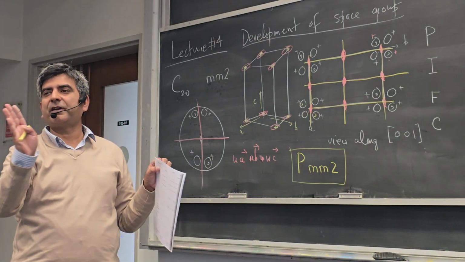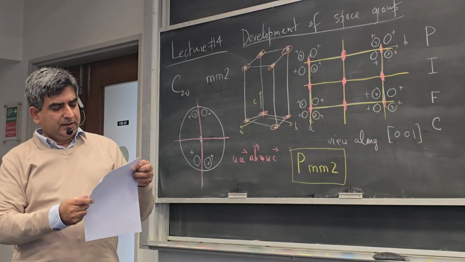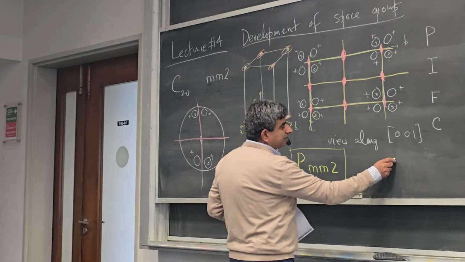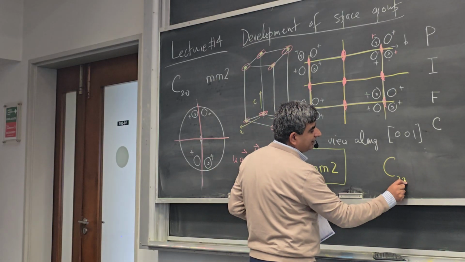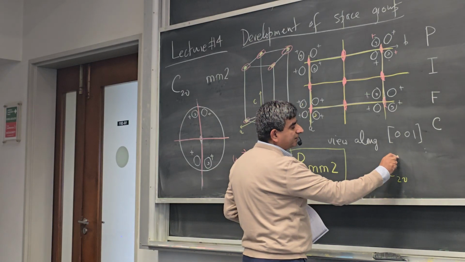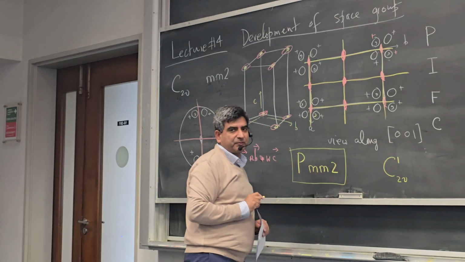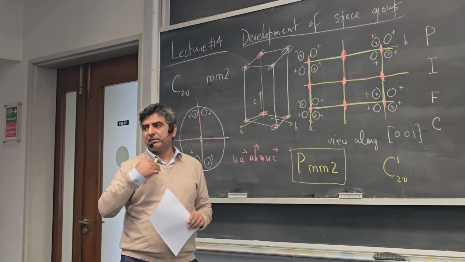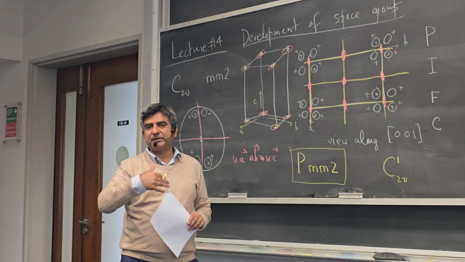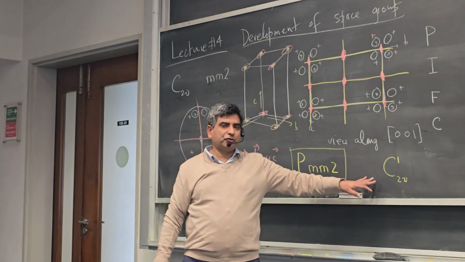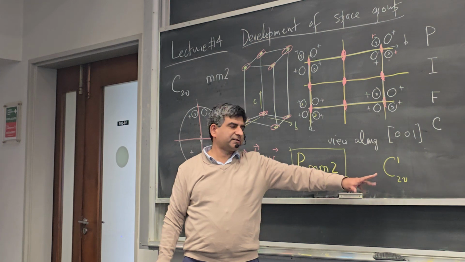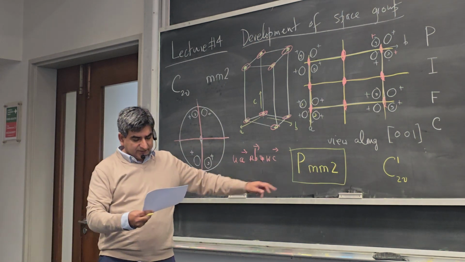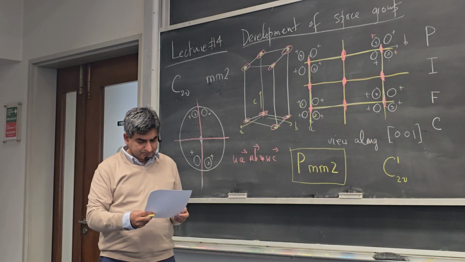This is number 25. Its old symbol is C2v superscript 1. There could be C2v superscript 2 as well, C2v superscript 3 as well. This is an old notation and I think there is no systematic way of understanding this, but this is the proper name for this.